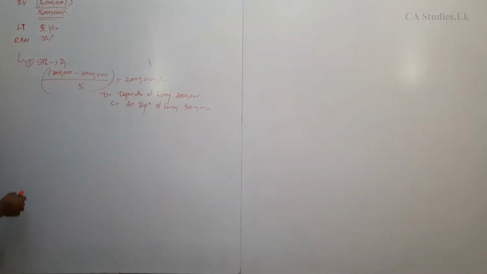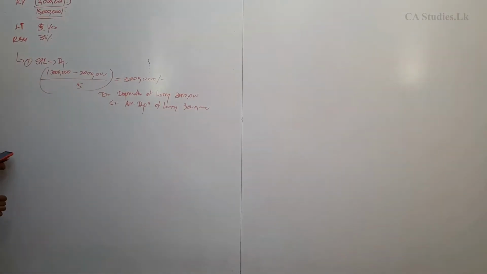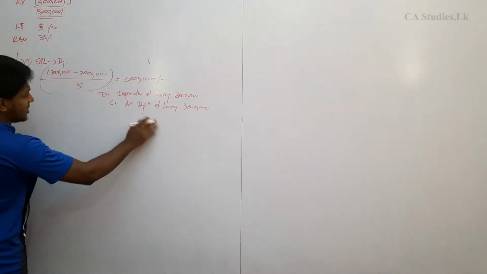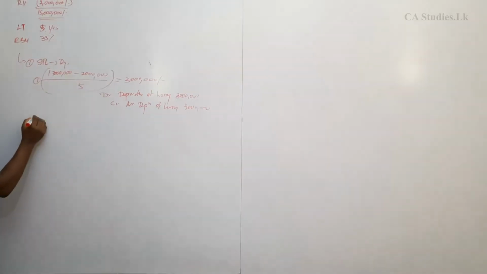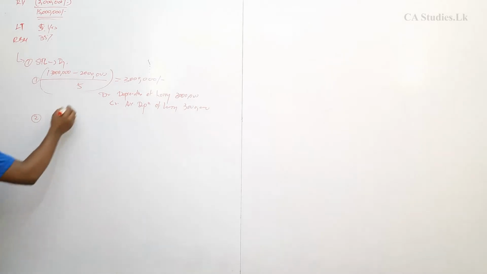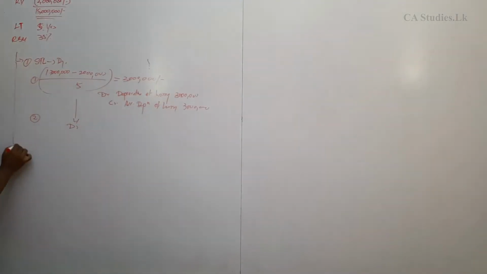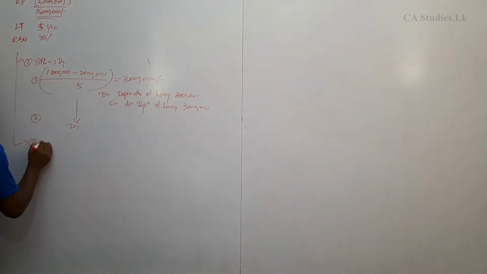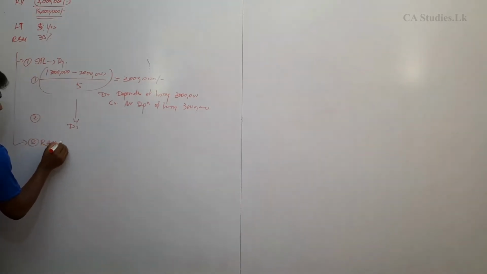Over the 5 years, the first year depreciation is this, and the second year is also the same calculation. Now come to the reducing balance method depreciation.